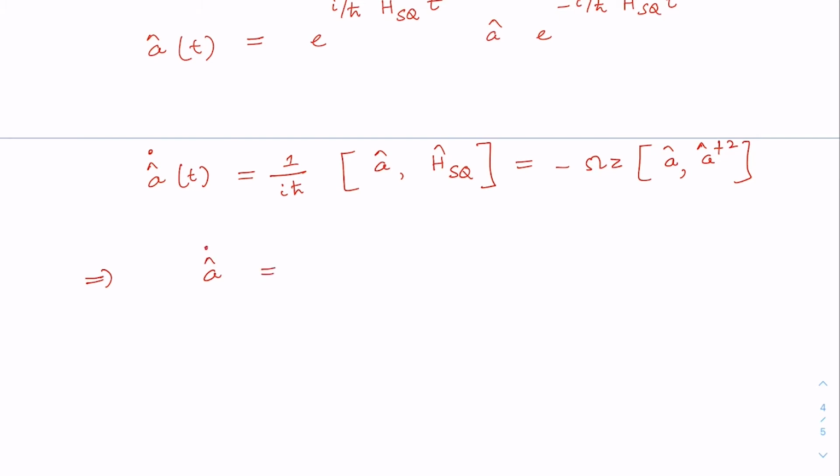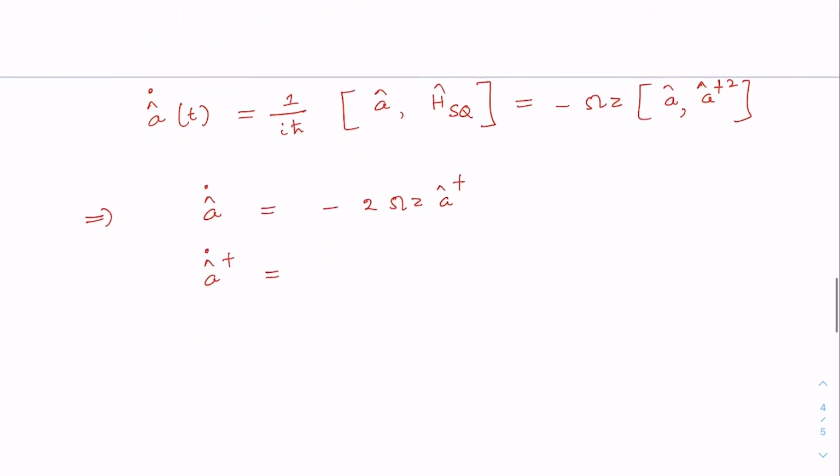The time derivative of a would be equal to minus 2ω z a dagger, and for the creation operator, a dagger dot would be equal to minus 2ω z* a. Let us say this is my equation number 1 and this is my equation number 2.